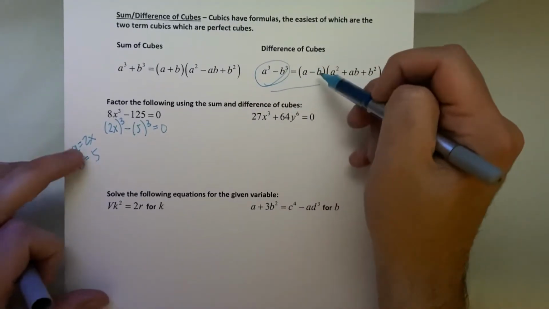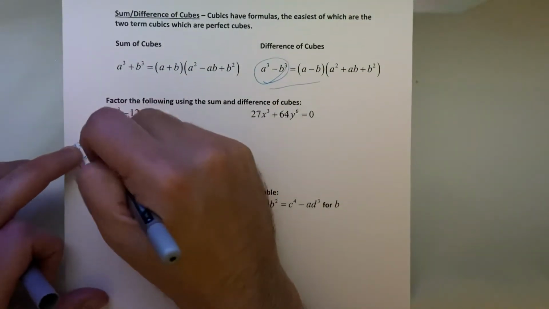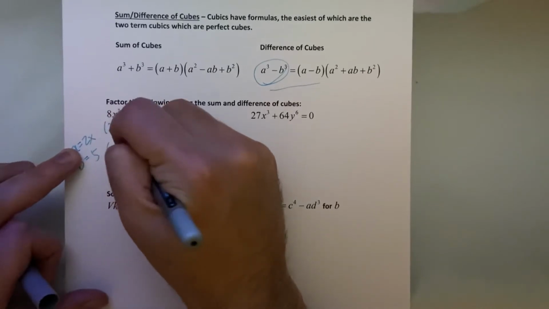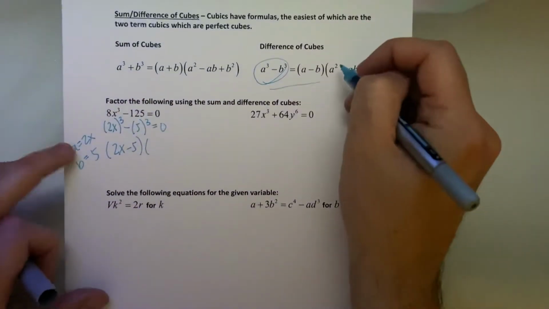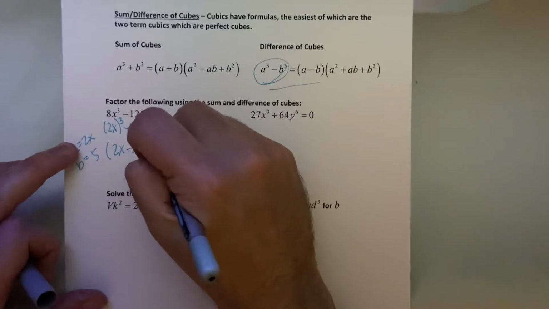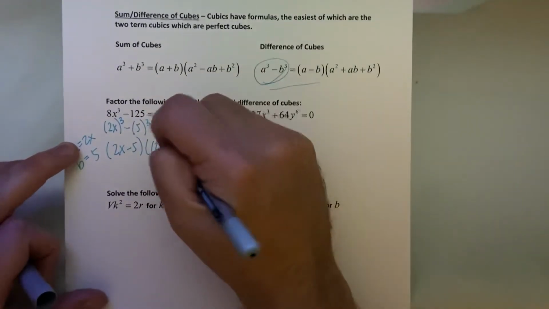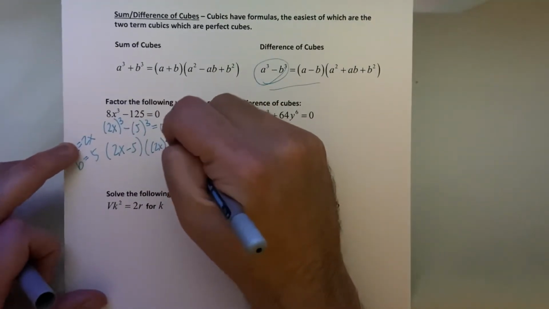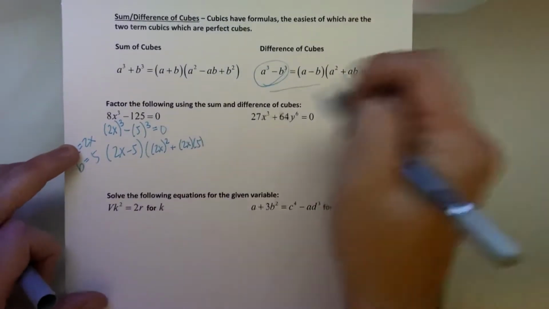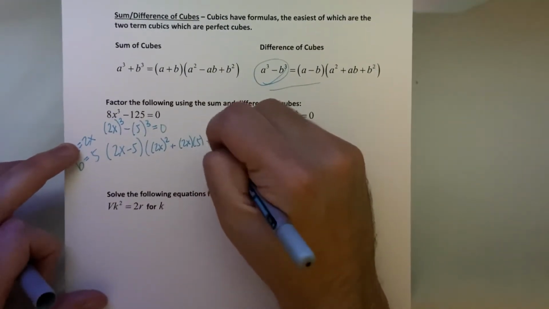Now it says the first parentheses is a minus b, so that would be 2x minus 5. And the second parentheses is a squared, so a is 2x, so this is 2x squared, plus a times b, so 2x times 5, plus b squared, plus 5 squared.